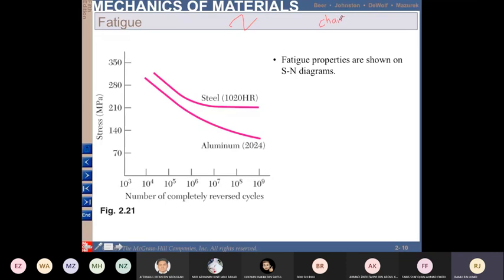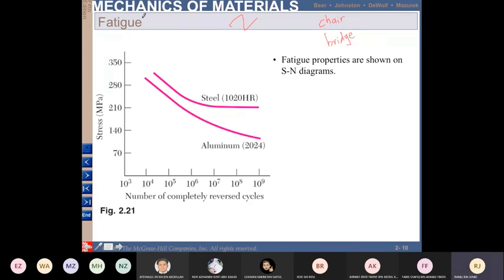So people will sit on the chair and then load, unload. Another example is bridge. You have cars or vehicles passing through the bridge. When the car is on the bridge, it is load. When it is not on the bridge, it is unload.